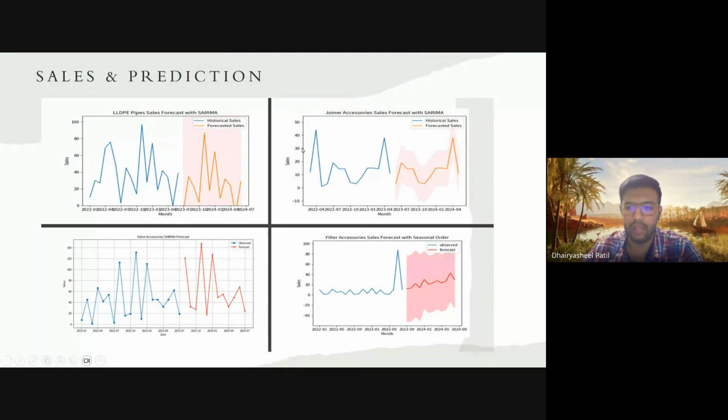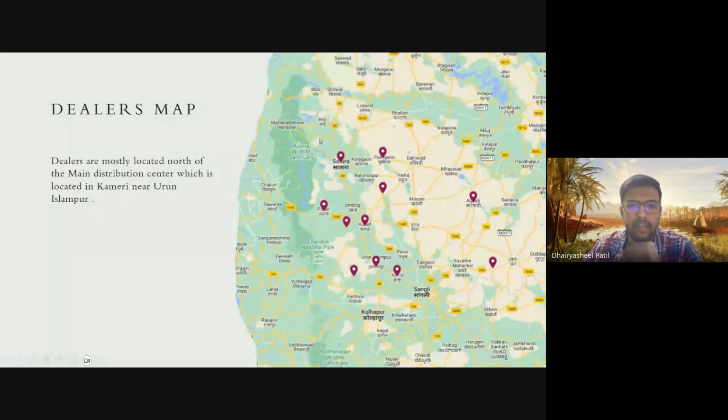So these are some forecasts, and this is the main thing we engaged with as an objective: his primary location is currently at Islampur, but his dealers are situated all above north. So this is not an optimal location for a distributor.